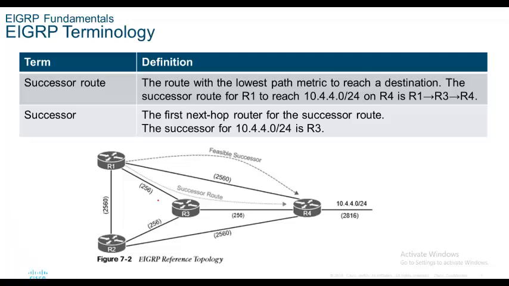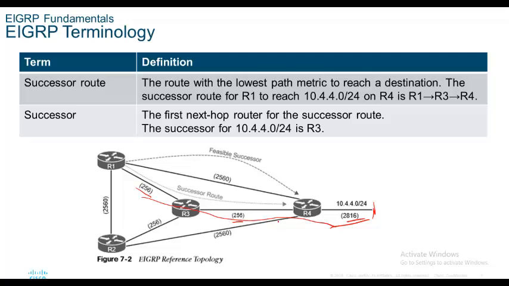The lowest feasible distance. What is feasible distance? The total distance from here to the end. That is called feasible distance. The lowest feasible distance is the successor route. So for R1 to reach this network in R4, the successor route is via R3 and R4.